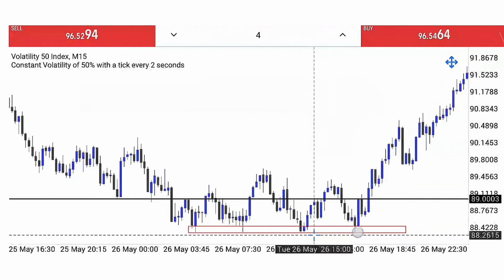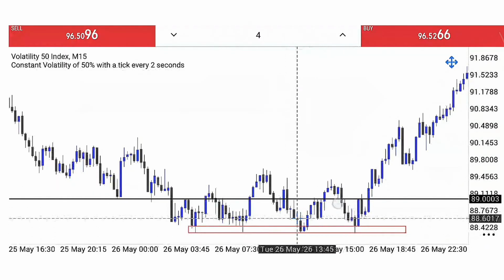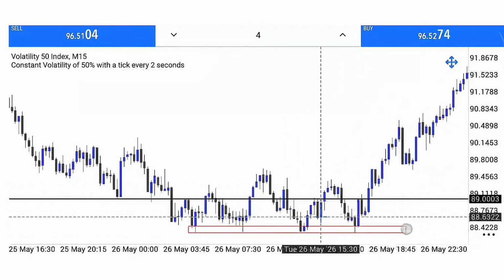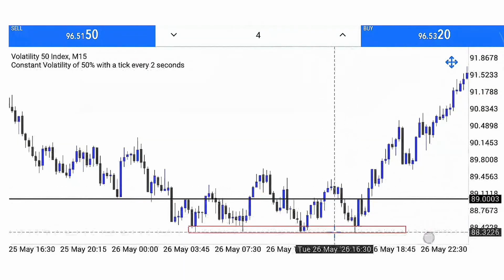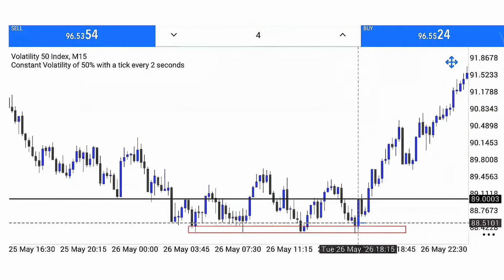So right here you can see that this did not give us any entry, but when the market came to this point here, it gave us an entry, an engulfing candle. And like I told you guys before, we have only two entries that we normally trade the most in the market, which is the engulfing candle and the pin bar.